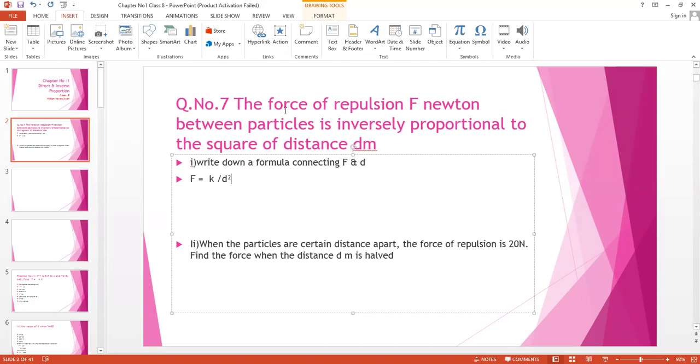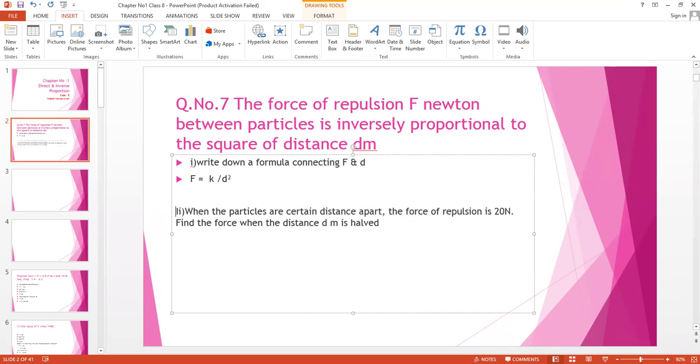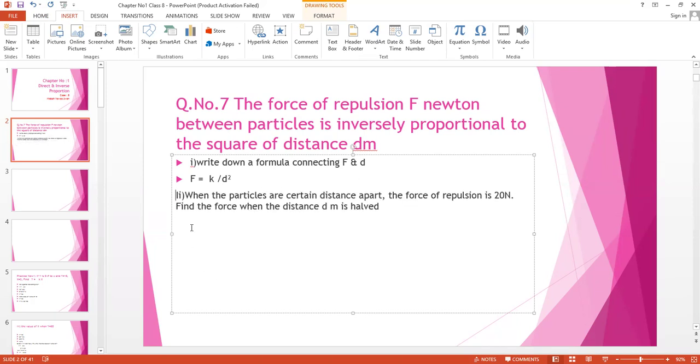Again, the force is inversely proportional to the square of distance. So for force, we use this F. Now comes the second part. According to the second part, they are saying when the particles are a certain distance apart, the force of repulsion is 20 N. Find the force when the distance D is half.